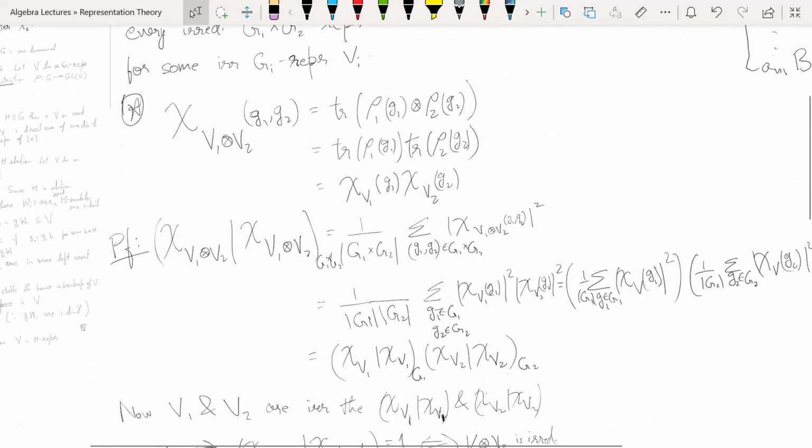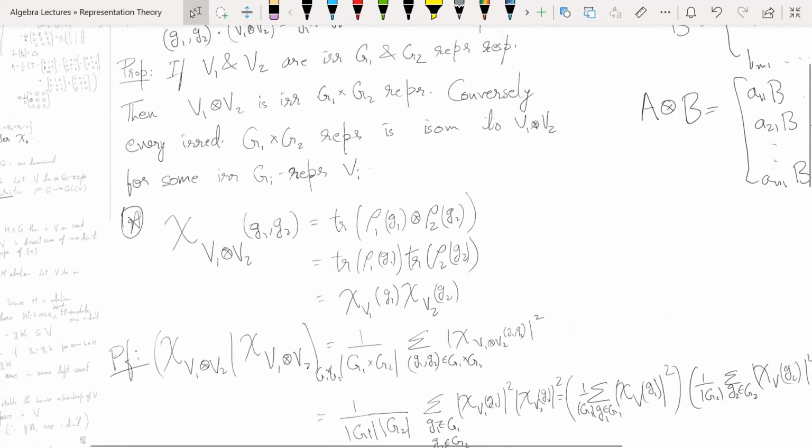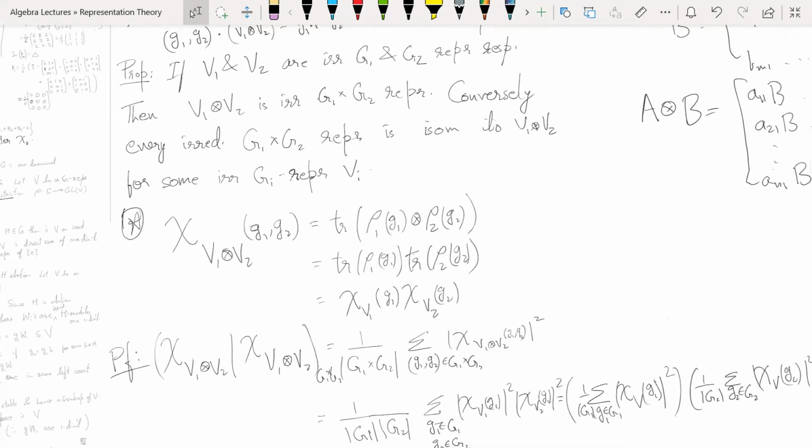In fact, what we will show is that these are all the irreducible representations of G1 cross G2, that there is no other irreducible representation. There are ways of doing it.